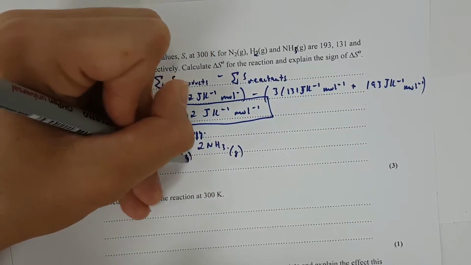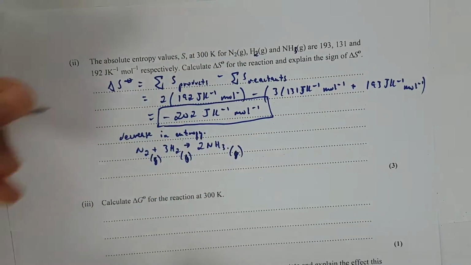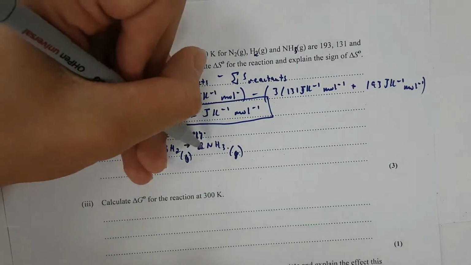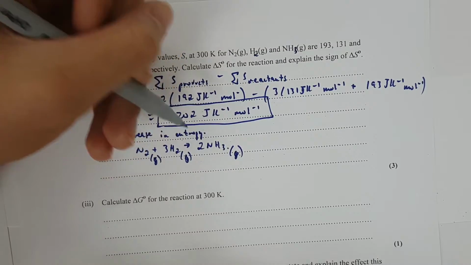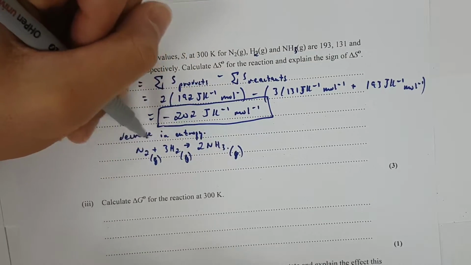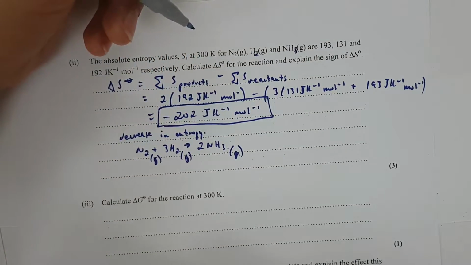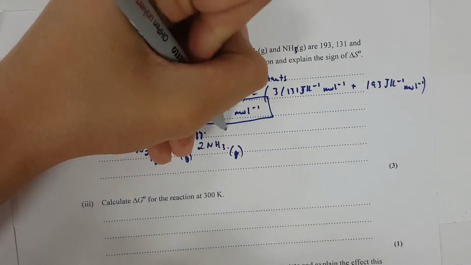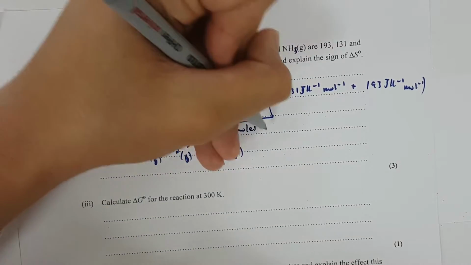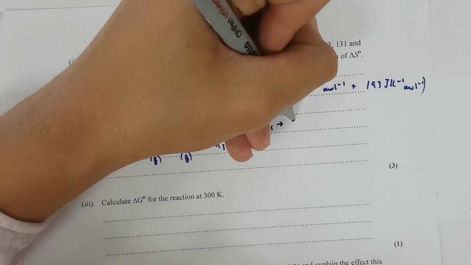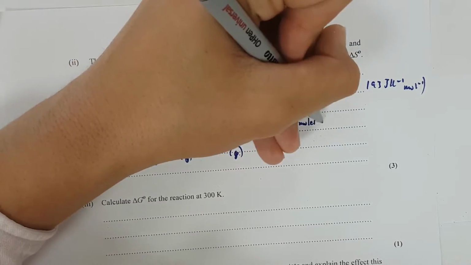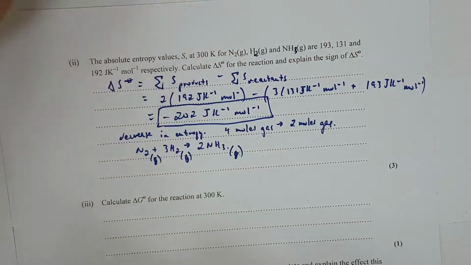This is a G. And so you notice that after the reaction there's 2 moles of gaseous molecules, and before there's 4 moles. And so that means that there's a decreased entropy. And that makes sense because from our calculations we got that there's a decrease in entropy.